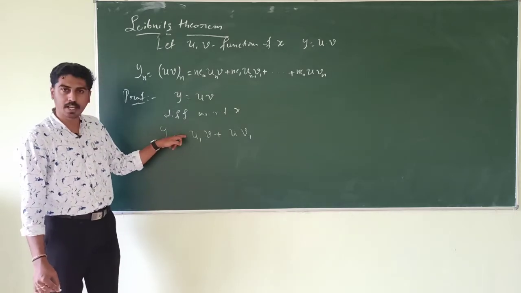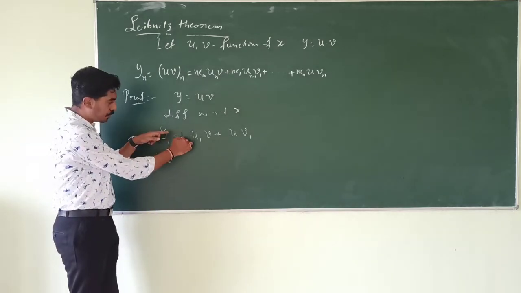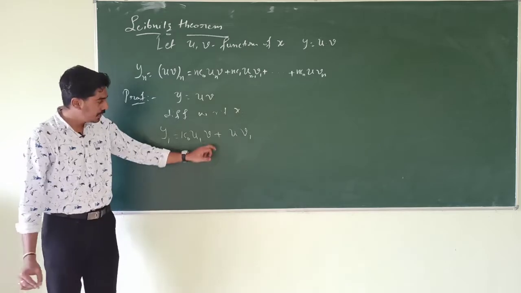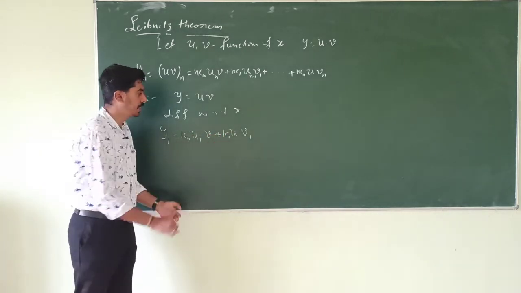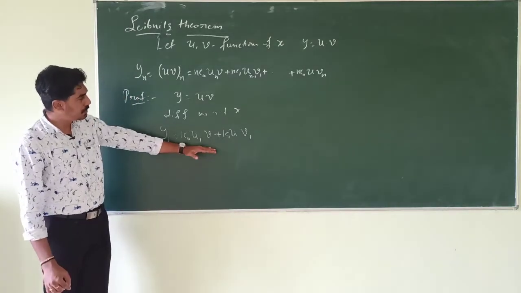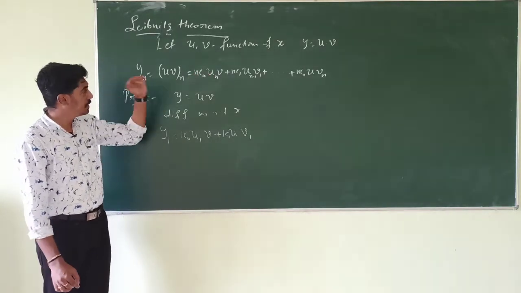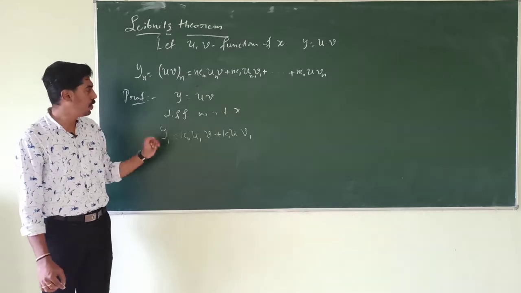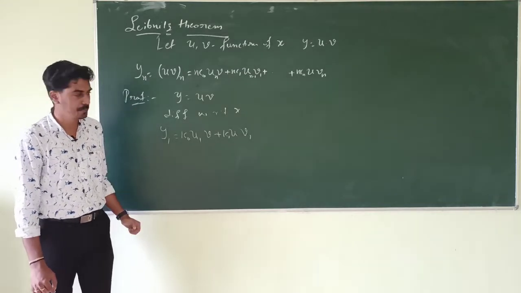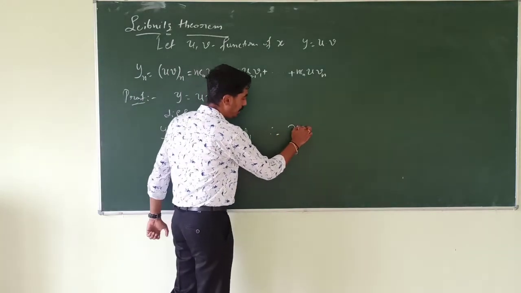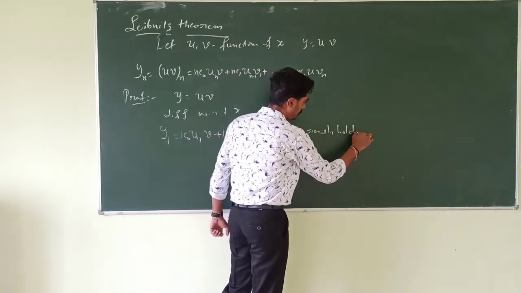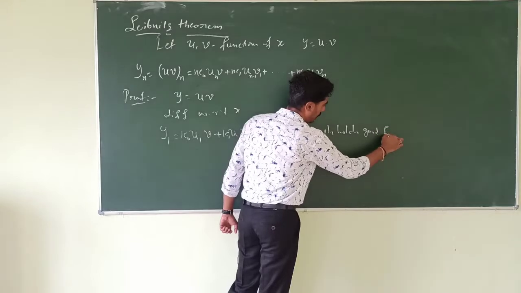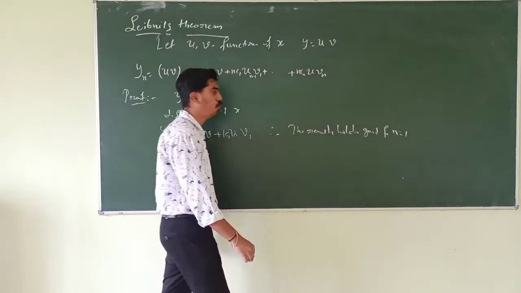Here we have 1 as a coefficient, 1 is equal to 1C0. Here we have 1, 1 is equal to 1C1. So if you observe here, this result holds good for n equal to 1.